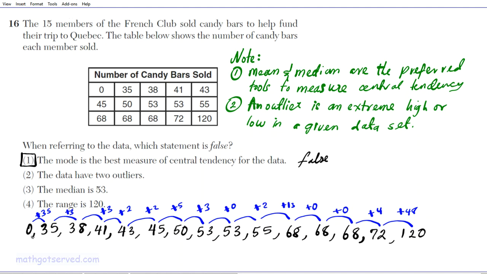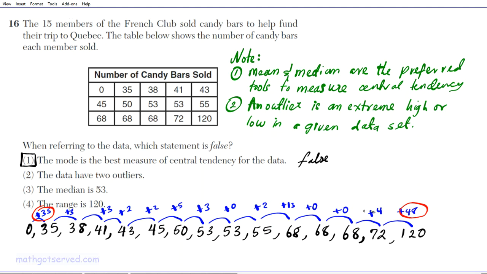Now take a look at this. From 0 to 35. This is a jump of 35. That's a big jump. Okay? And if you look at everything else, do you notice any other considerably large jump? Right here, 48. That's another big jump. Relatively speaking, 13 is a little bit big, but compared to 35 and 48, this is nothing.